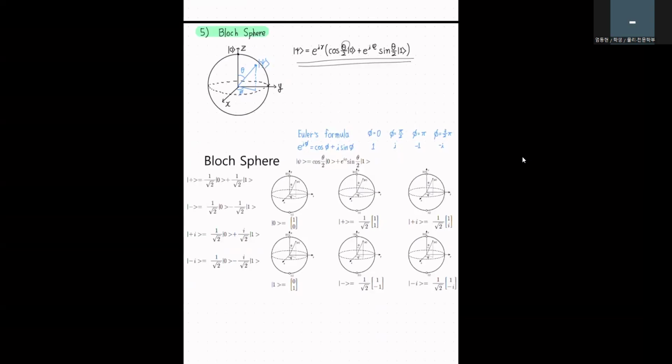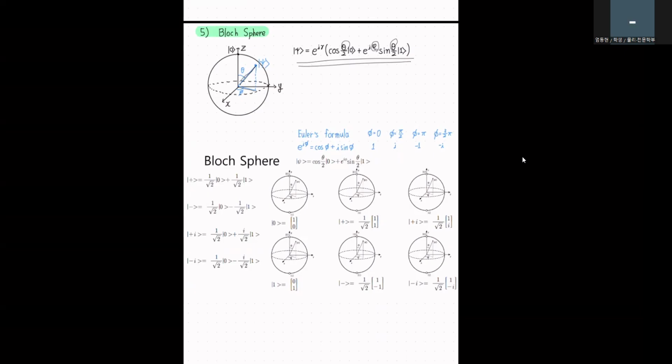The theta here refers to this angle over here, the polar angle between the z-axis and the state. And the phi over here represents the azimuthal angle of the state's vector on the sphere.